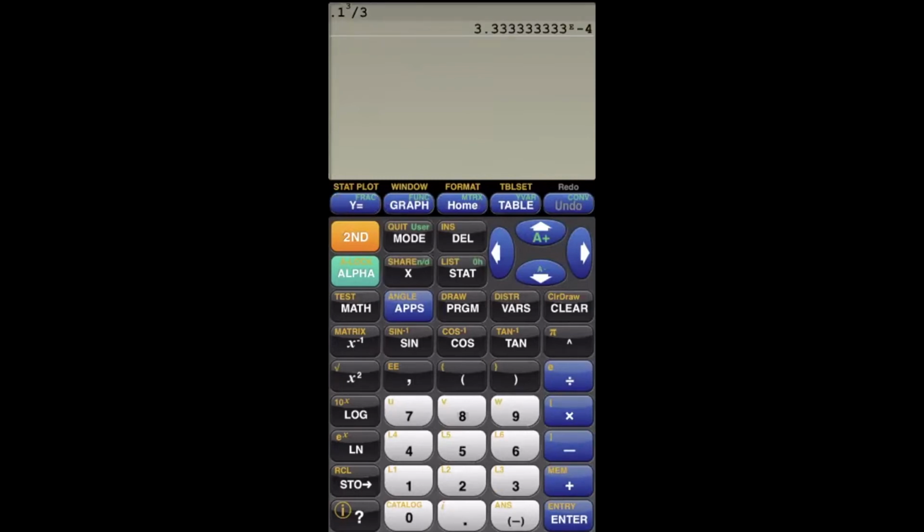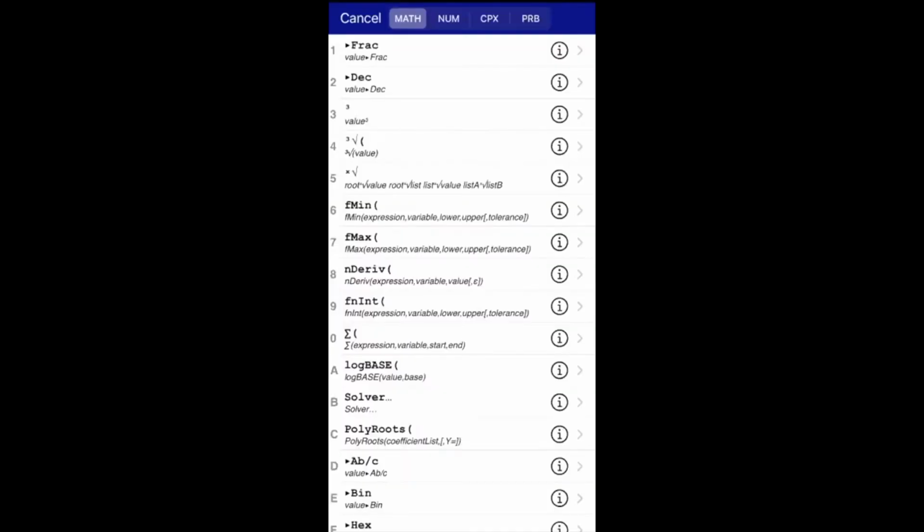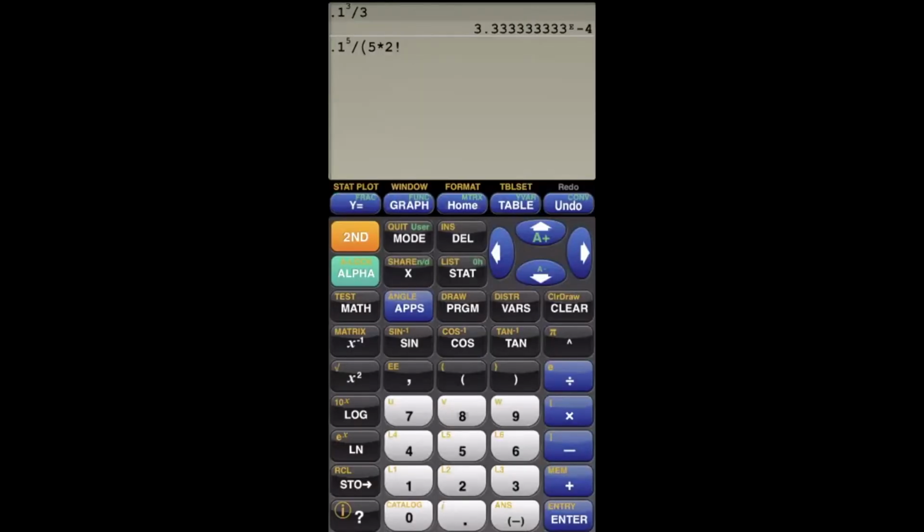The next term, or I should say absolute value of the next term, is 0.1 to the fifth divided by, notice I have to put this in parentheses, 5 times 2. It's 2 factorial, so I could just write 2 because 2 factorial is 2. Okay, but let's do it properly.